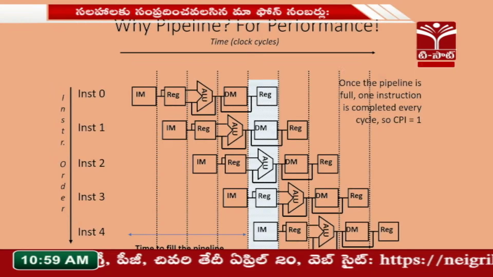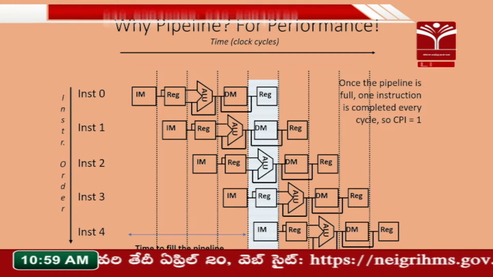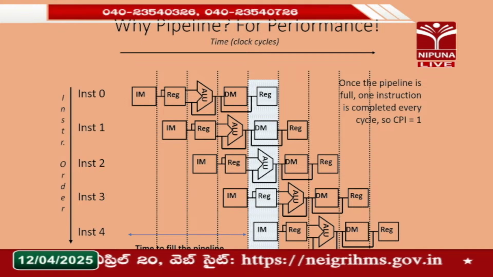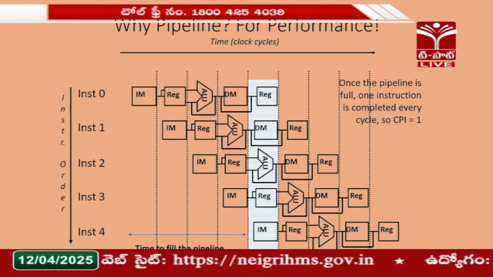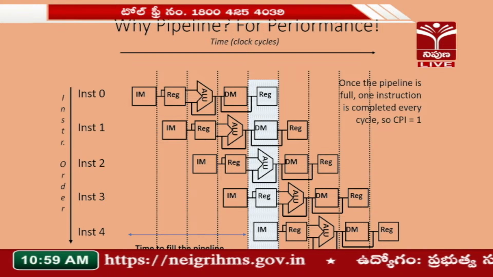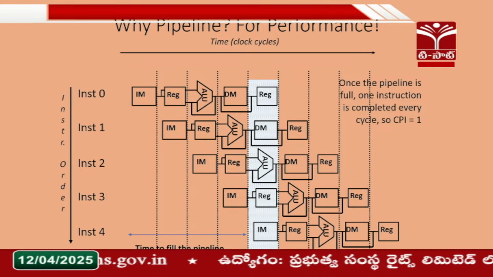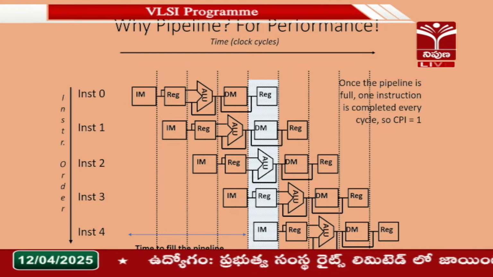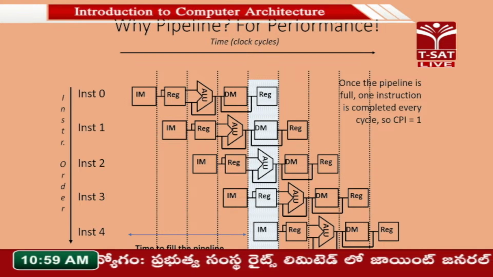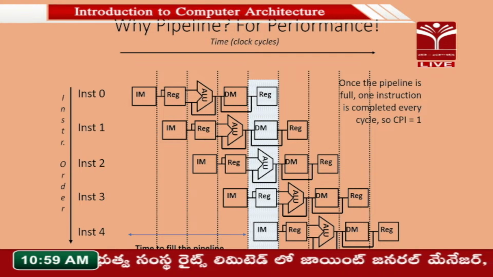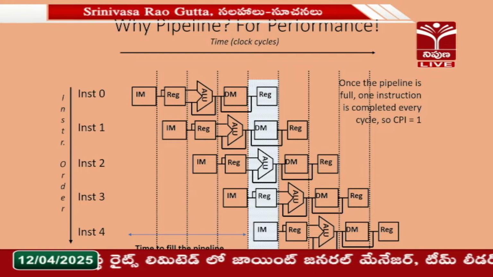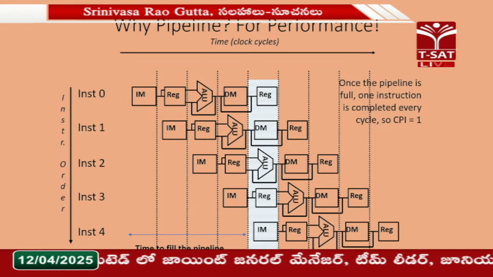Okay. So, when you look at this, you have started with the first instruction, and by instruction 4, you see the pipeline is full. You are moving the instruction in the pipeline one stage after the other, and after the fourth clock cycle, the complete pipeline is full.